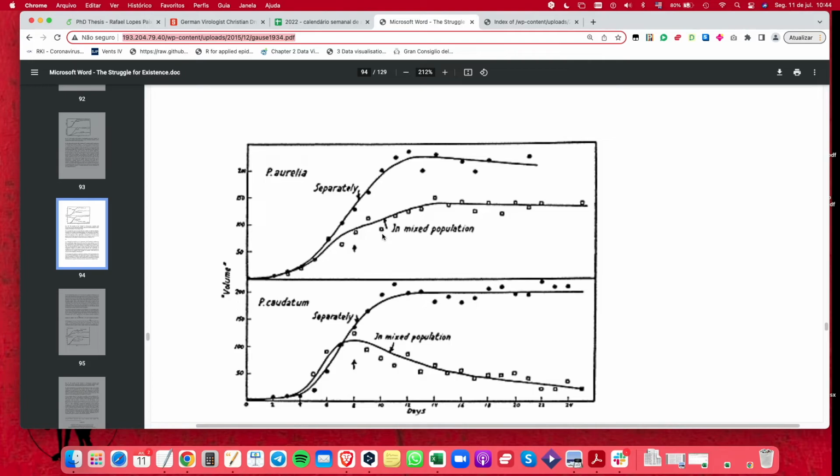Okay? When you take out the pollution, and I don't know how to explain why caudatum is better in clean conditions, neither does Gause try to discuss this. But then you don't have the pollution, which was the way the competition was going on. Then you have, in this case, caudatum. We don't have a plot equal to this one. It has a very complicated plot that I don't understand.